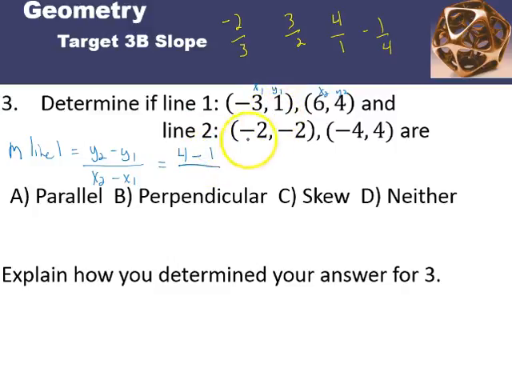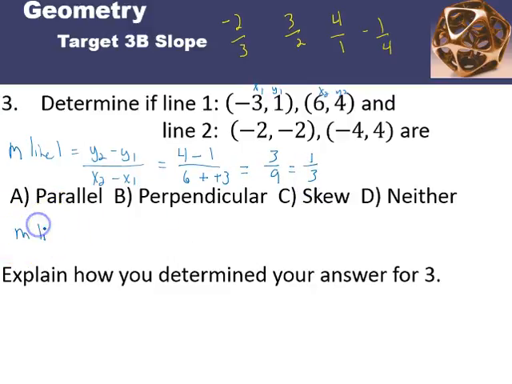Then x2 is 6, always a minus, but x1 is negative 3, so I have a minus, which is a plus. 4 minus 1 is 3. 6 plus 3 is 9. That can be reduced to 1 over 3. So the slope of line 1 is 1/3.